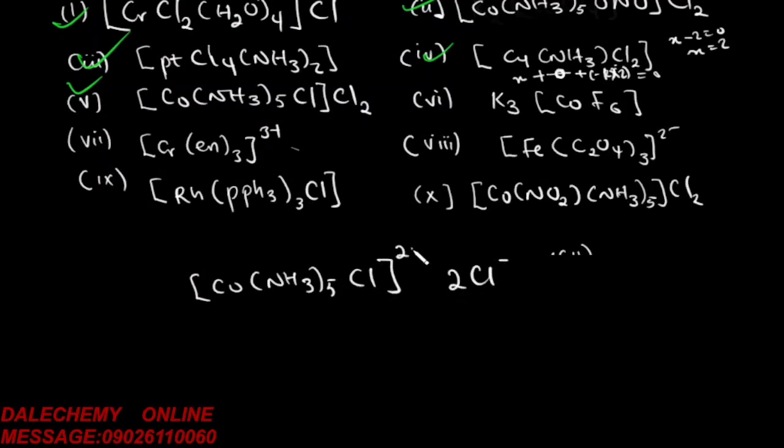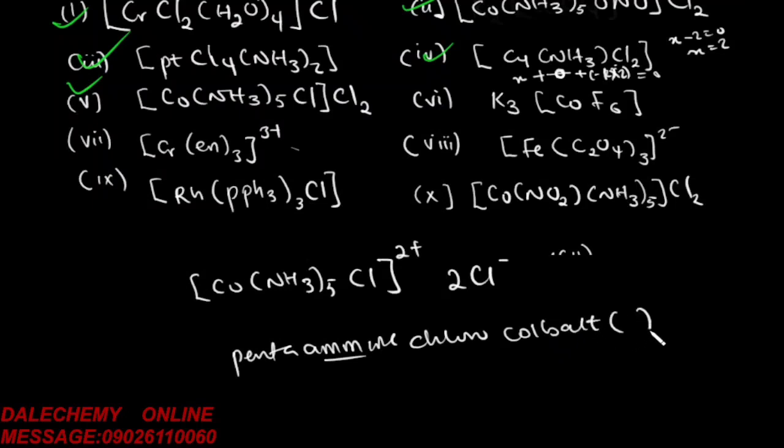So this one will become 2 plus because we're having 2 negatives here too. You name the positive end first. You have ammine and you have chlorine. Ammine comes first, so that will be pentaammine. Don't forget, the M will be a double M. Then we have chloro because the chloro is a ligand in the coordination sphere. And we have the metal, which is cobalt.